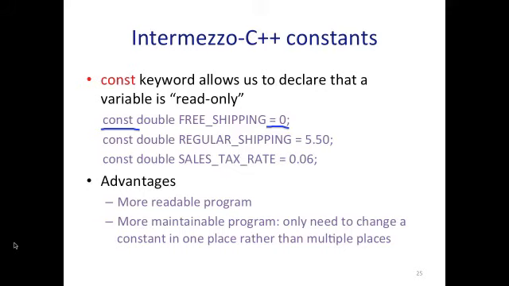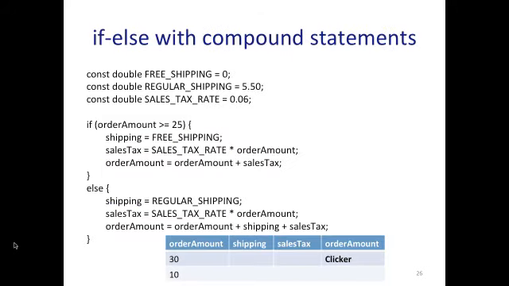And the advantage of using a constant as opposed to a hard-coded value is that the program is more readable and more maintainable. You'll see that right here in our next if-else, where we're determining, let's say we're Amazon and we want to determine if a person gets free shipping or not.